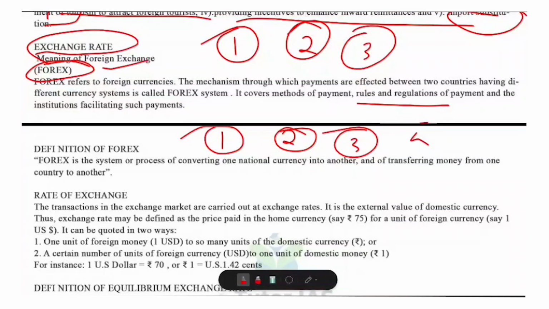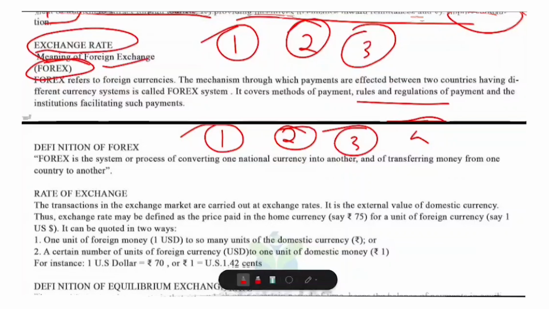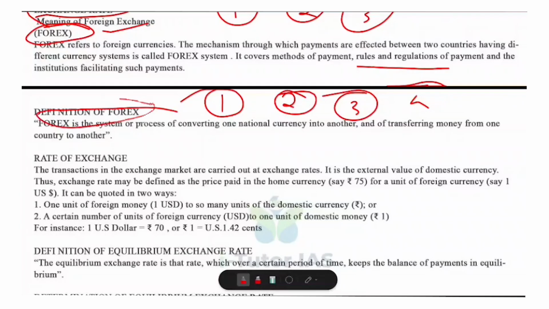And also remittances. People working abroad send money back home, which involves currency conversion. So in simple words, Forex is like the bridge between currencies. It allows money to flow across countries so that trade, businesses and travel can happen smoothly. Okay, so this is about the definition for Forex.